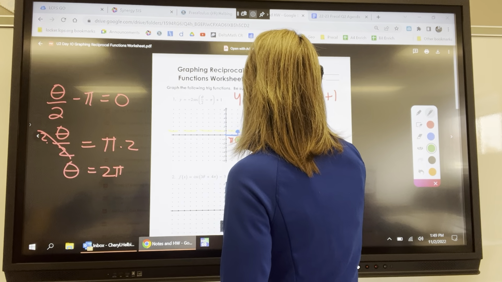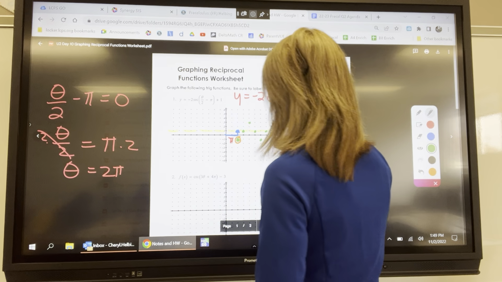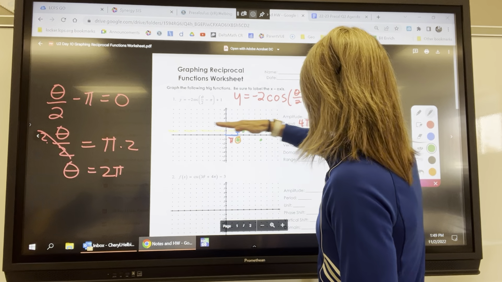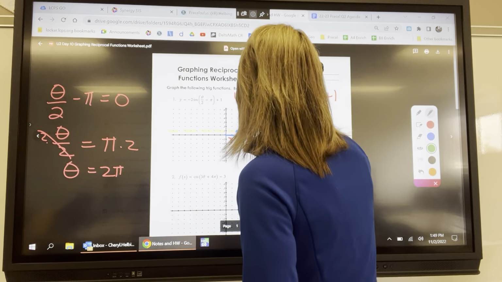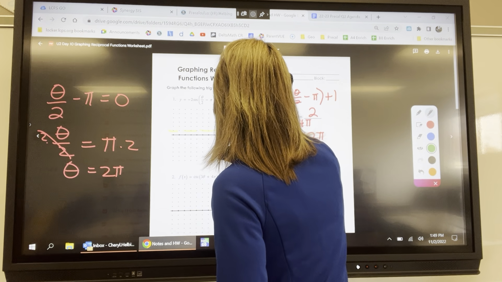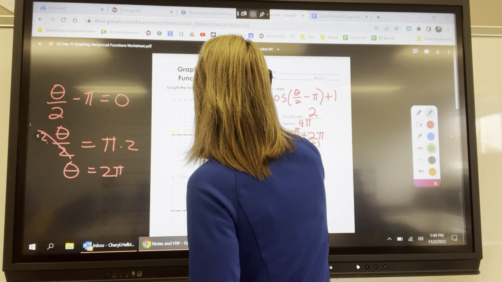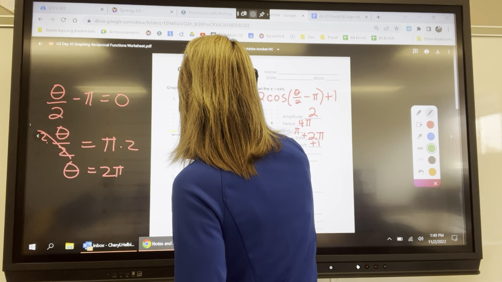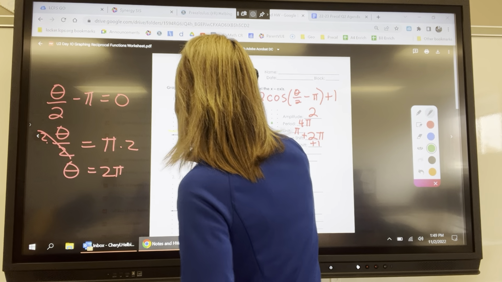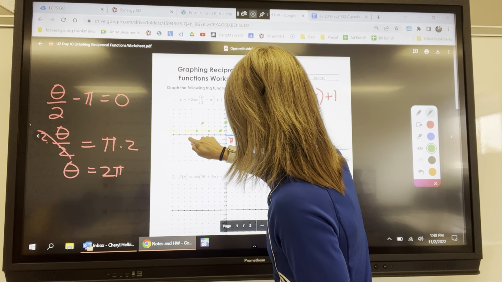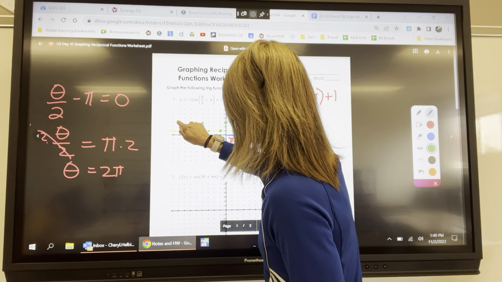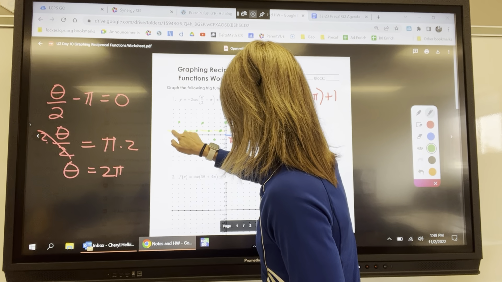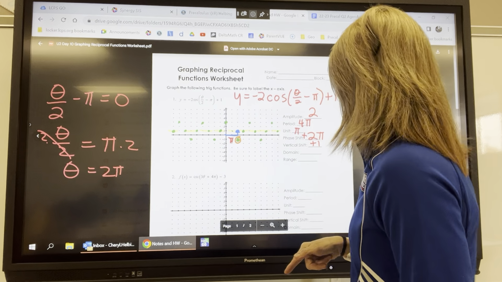I have to be careful when I do this, especially if I don't draw that vertical shift on my graph. I get confused. But this is good. Low, 0, high, 0.